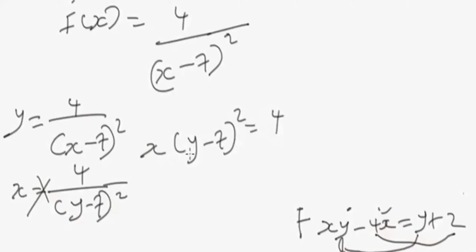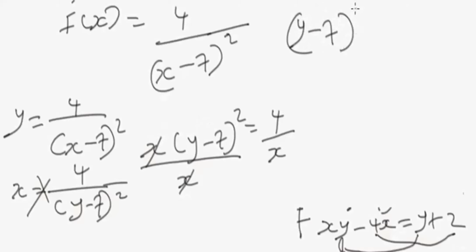So divide both sides by x first. We'll be left with y minus 7 squared equals 4 over x.